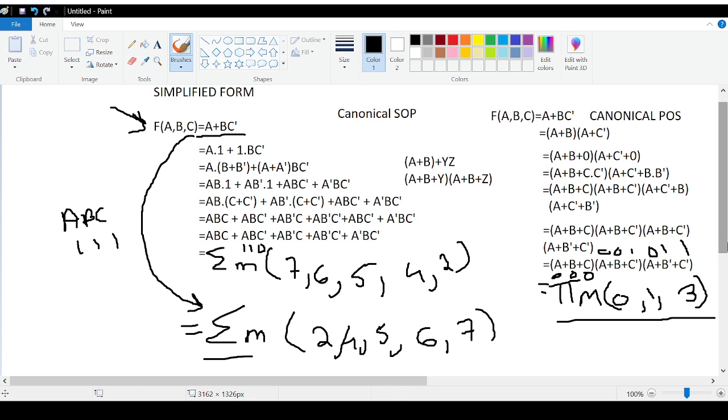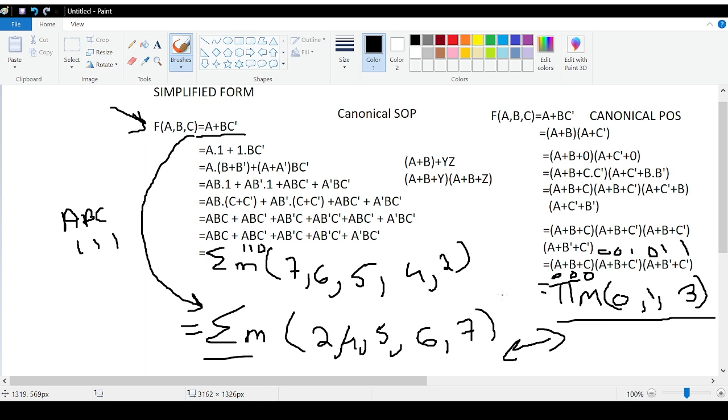Yes, sir. Now, do you notice any connection between SOP and POS? Right. If you have the sum of min terms, the terms that are missing are going to be the product of your max terms.